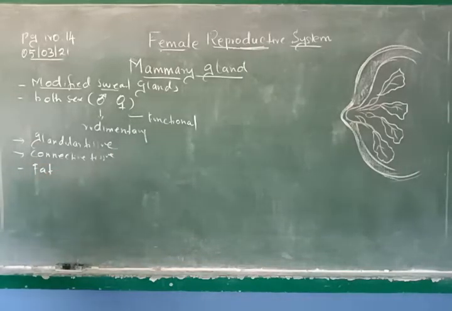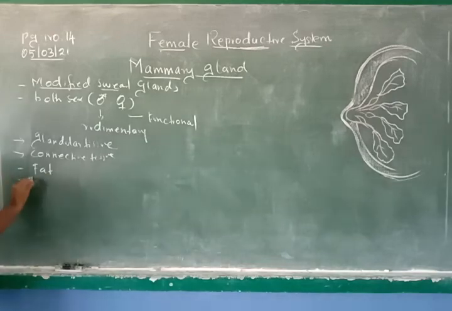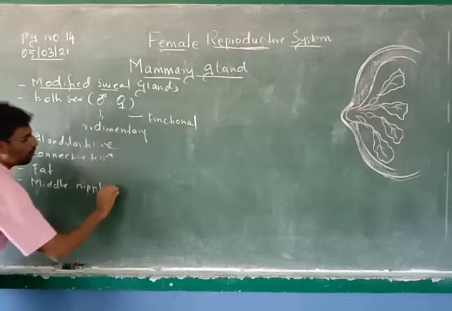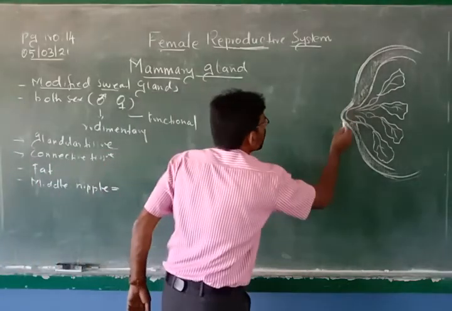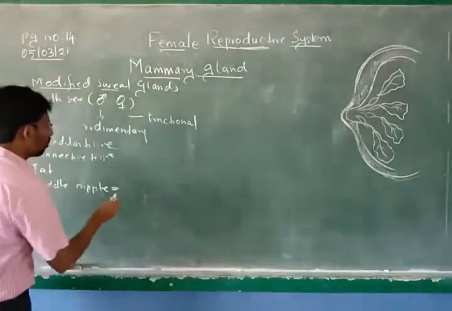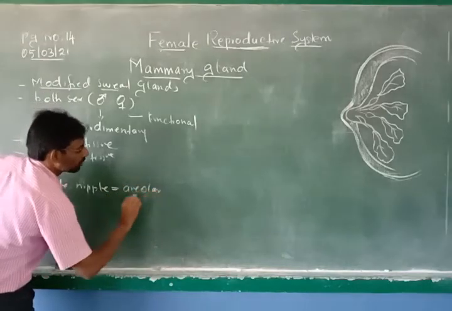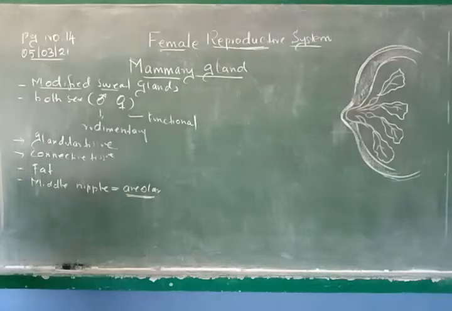In the middle part it has the nipple, and the nipple is surrounded by a pigment layer called the areolar pigment. It's a pigment surrounding the central part where the nipple is present.